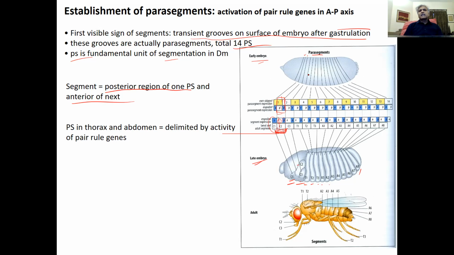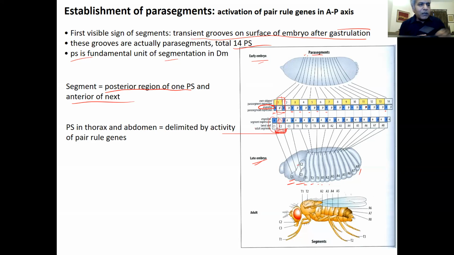And one of the earliest selector genes is engrailed. Engrailed is expressed in all the anterior regions of each parasegment. If there are 14 parasegments, the anterior region of each parasegment will be expressing engrailed.